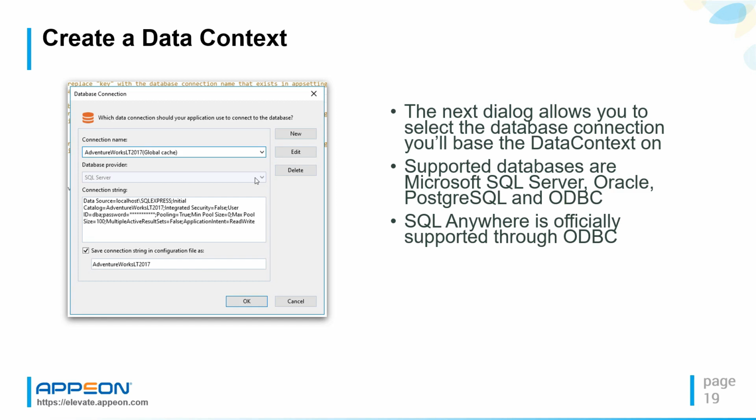So if you do run into problems with it, you can report them to Appeon, and Appeon will address them. You can call other databases as well, but they are not officially supported through ODBC. So you can file bug reports, but Appeon may not give them quite the same priority as they do for SQL Anywhere.